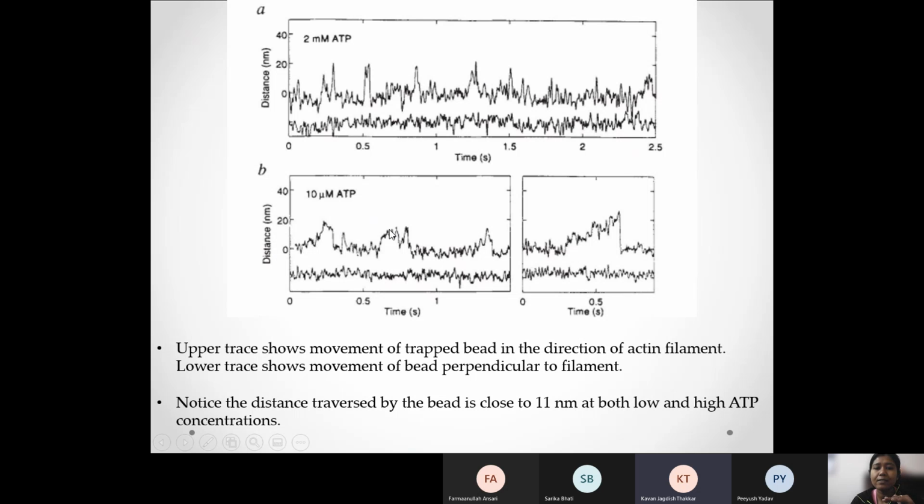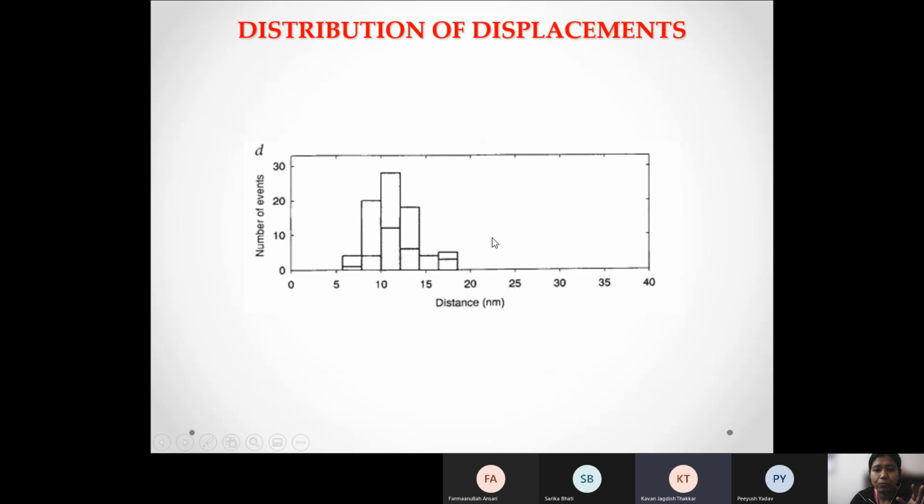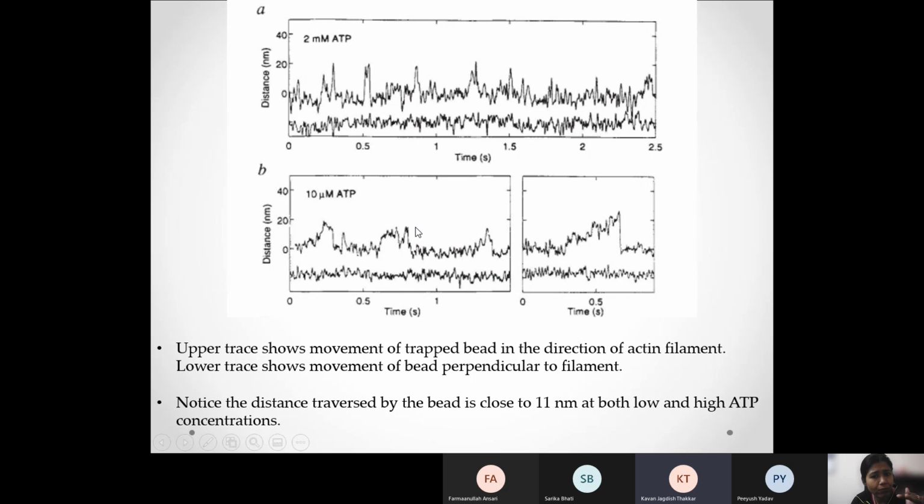The distances still keep the same, about say 11 nanometers. What we showed here is the Gaussian profile, but you could have something going as close to say 15 nanometers, 18 nanometers, on an average 11 nanometers. So that profile still remains the same, whether you go for 2 millimolars or 10 micromolars, right?